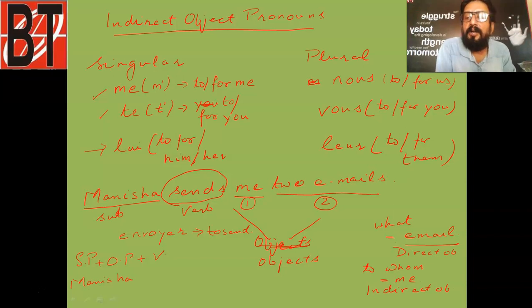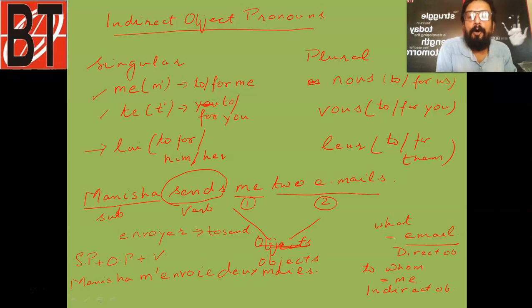So how will I write the object pronoun for this me? Ma, envoie. So you will say Manisha m'envoie, Manisha m'envoie the mail.